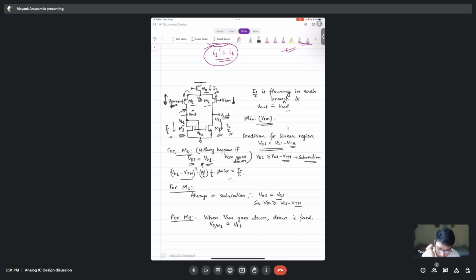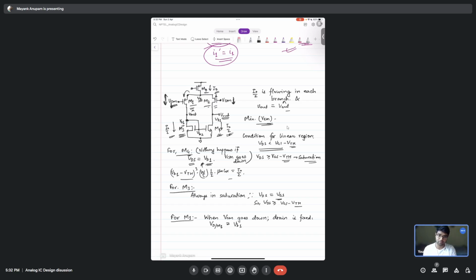Fine. If this is I naught by 2 here and here, will current change in M1 and M2? No, sir. Same current is flowing, isn't it? This current is the same as this. So whatever happens for M3 and M4, the same thing happens for M1 and M2, right?